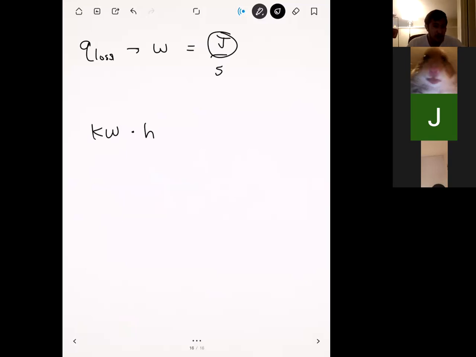So you're basically getting a unit of energy, but you have to convert Q loss into kilowatts. Okay. And then from there, you multiply by however many seconds are in an hour.